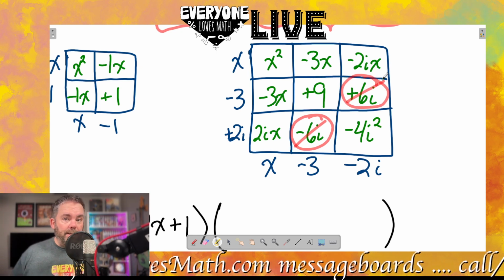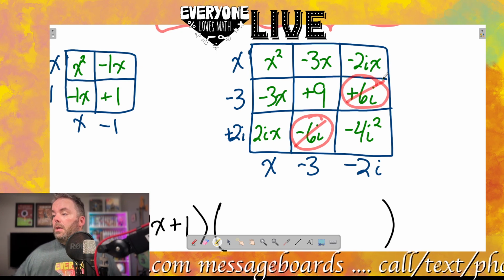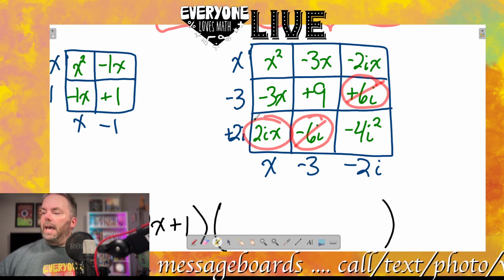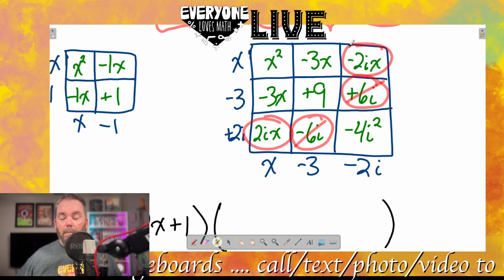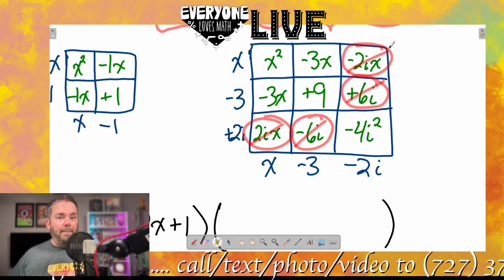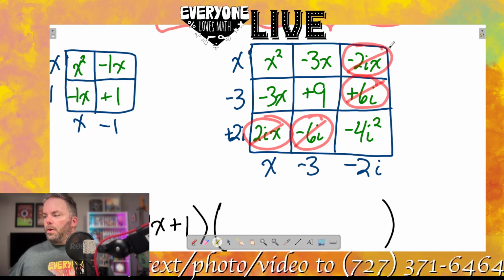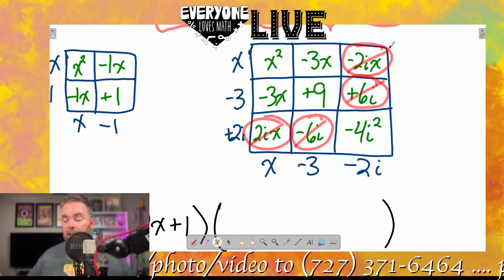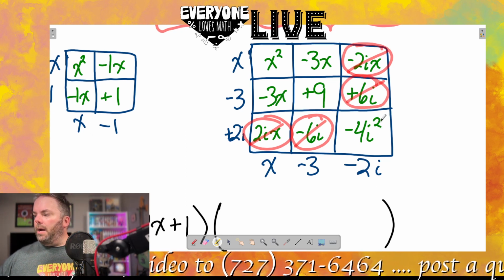Conjugates, remember, all the ugly stuff is going to cancel out. Speaking of ugly, 2ix and negative 2ix. Bye-bye. Those make 0. Those are opposites. There's only one more thing that has an i in it, and in fact, it has an i squared. So it's this thing, negative 4i squared.